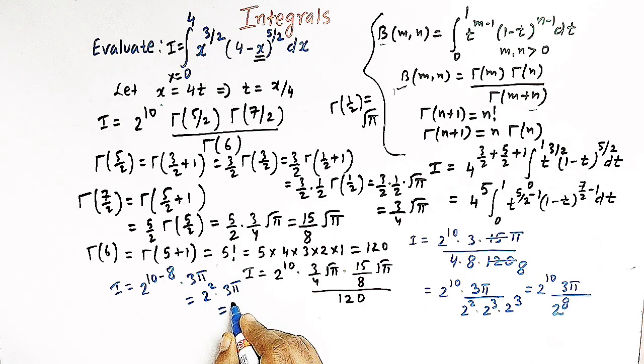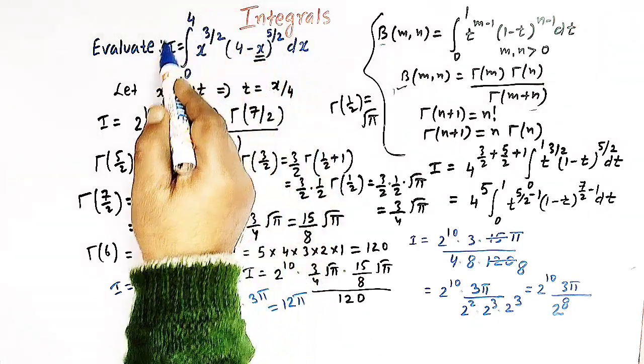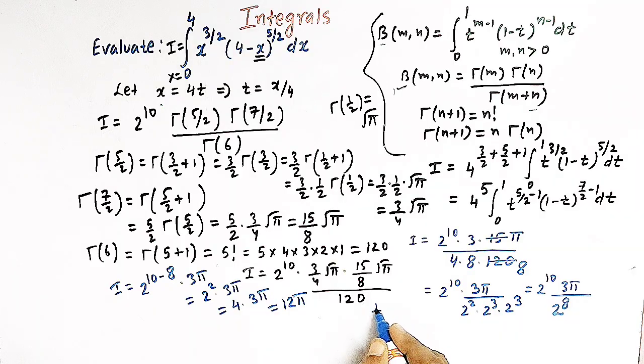So 2 square is 4, 4 times 3 pi is 12 pi, right? So viewers, the value of this integral I is equal to 12 times pi.